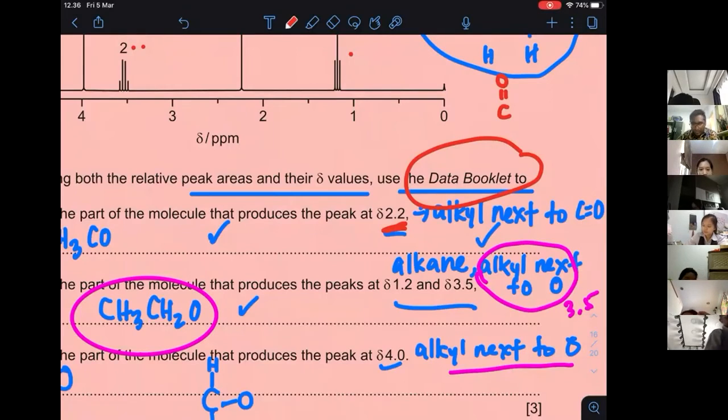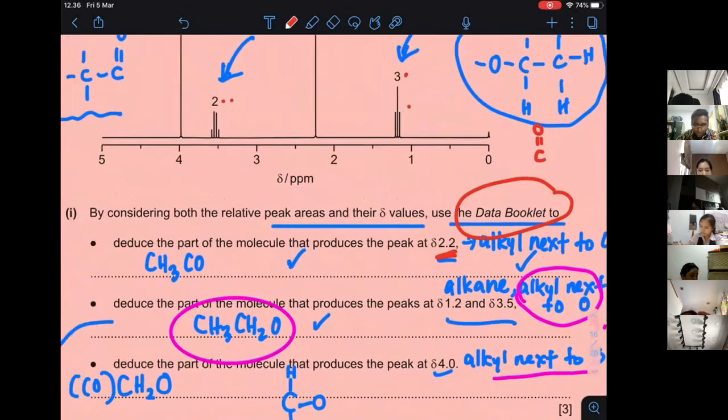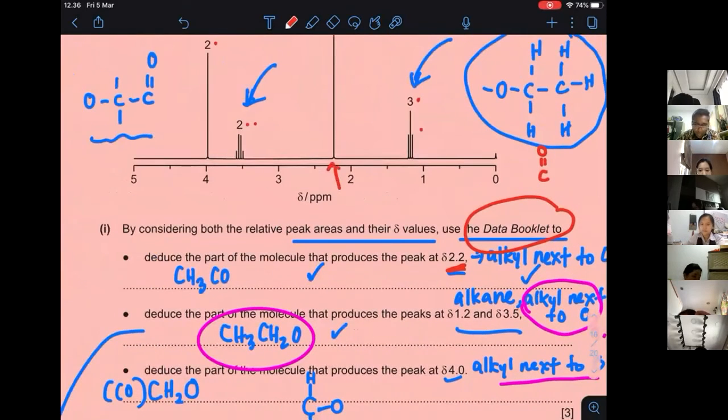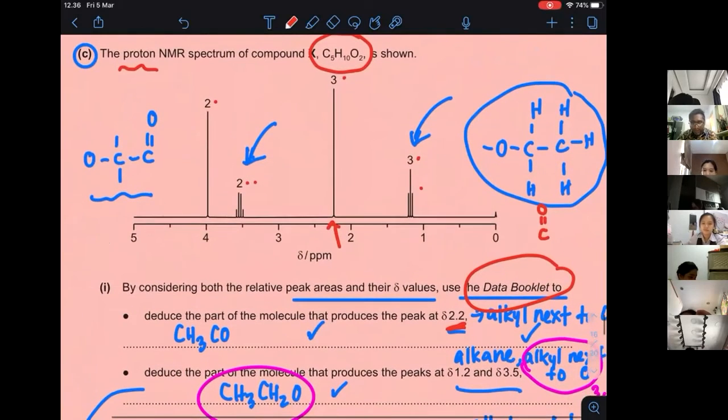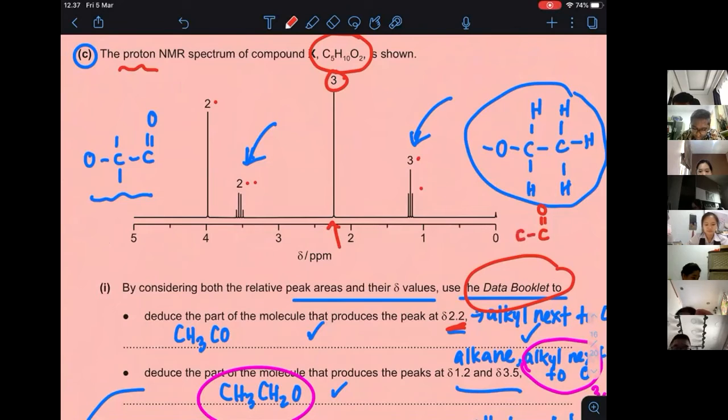So what I do is when I look at the 2.2 here, I notice that it is only one peak, with number 3. So therefore, this must be directly CH3. Why?